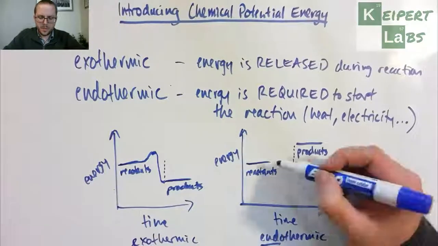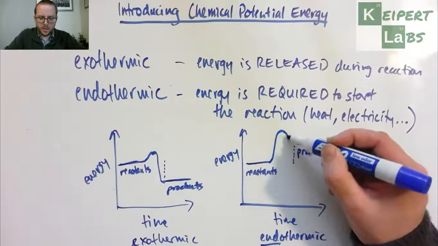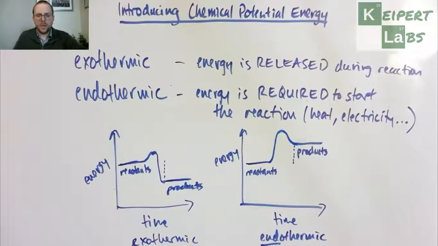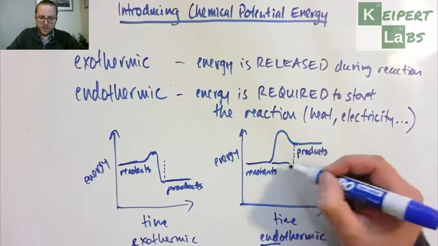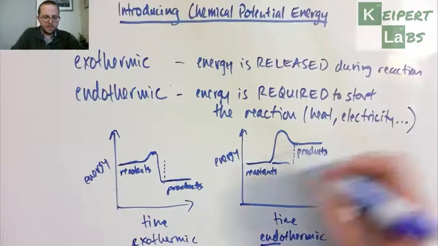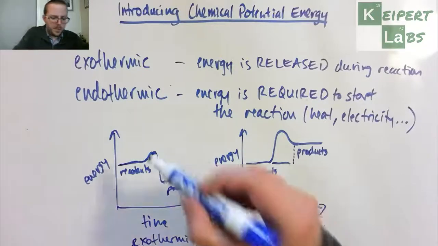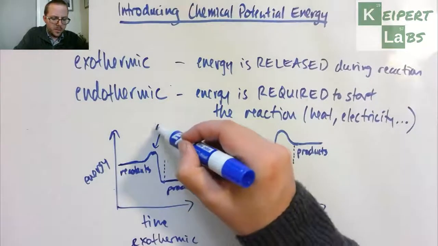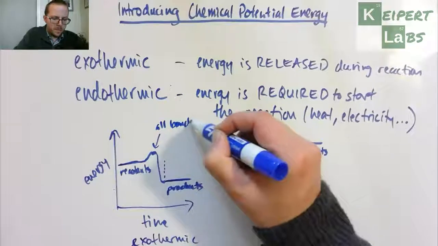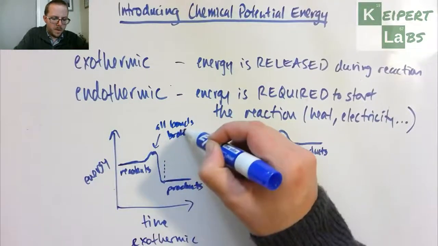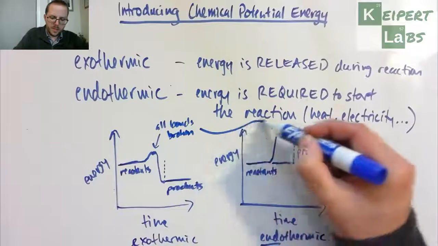In both cases, we have an energy hill that we need to get over before we come down to our products. Okay, because we have to put energy in to be able to break all the atoms apart from each other. So what we would say here is that all bonds are broken, and also that's the point over here.